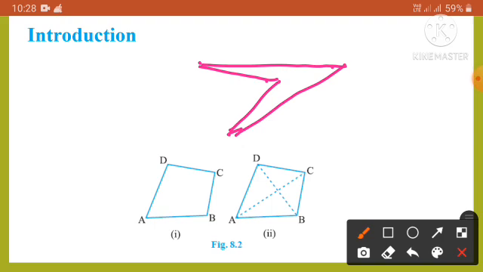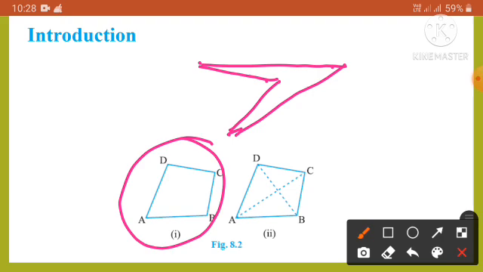Such a figure formed by joining 4 points in an order is called a quadrilateral. In this chapter we will consider only quadrilaterals of the type given here.